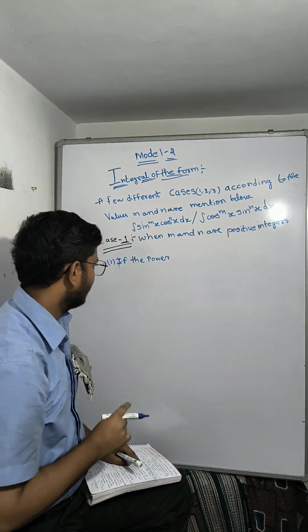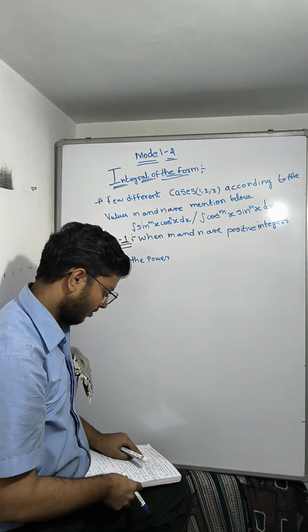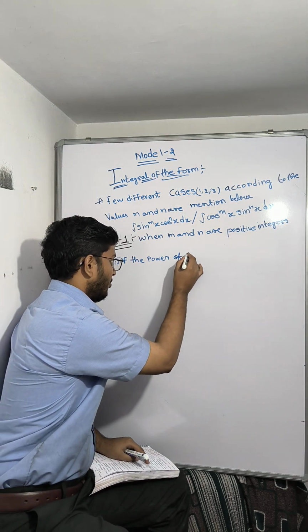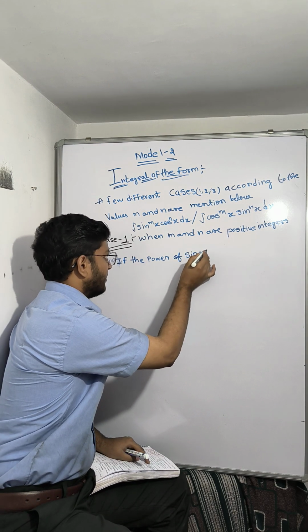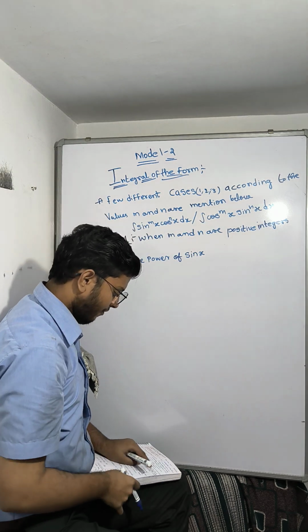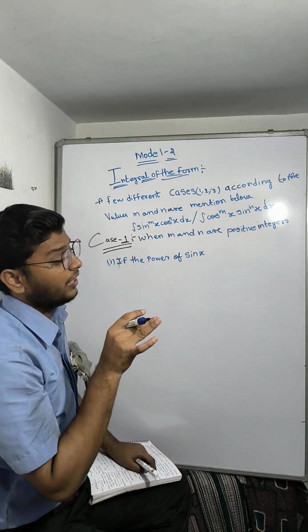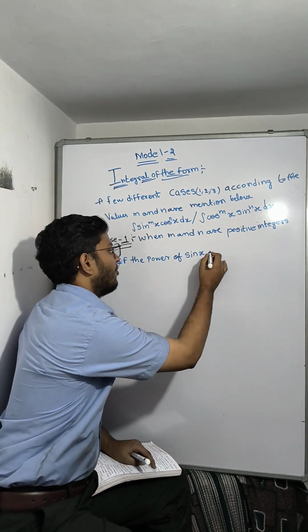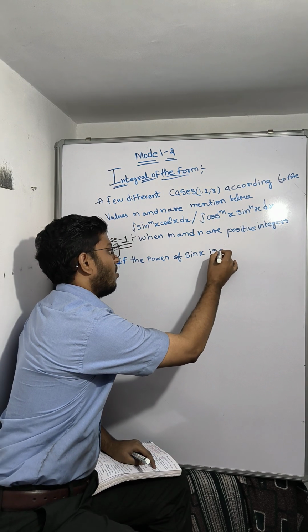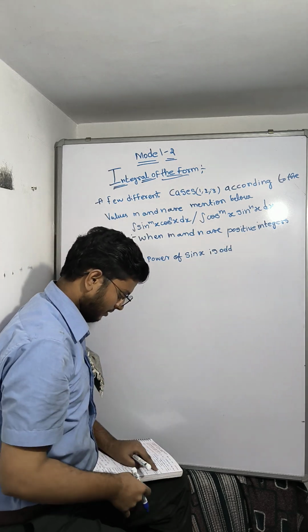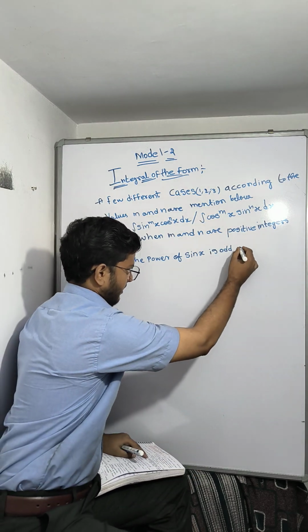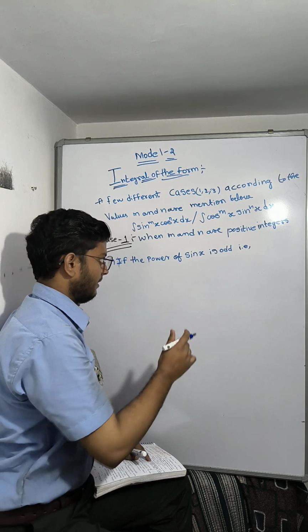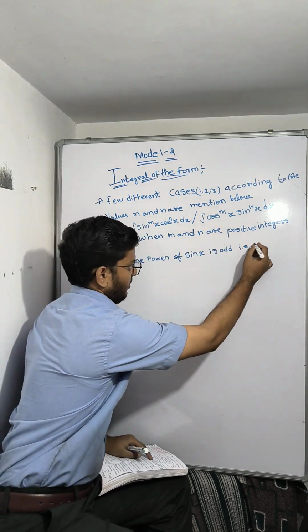Then what they are saying, first one, if the power of sin x is odd, means 1, 3, that all. If the power of sin x is odd, that is m is odd.